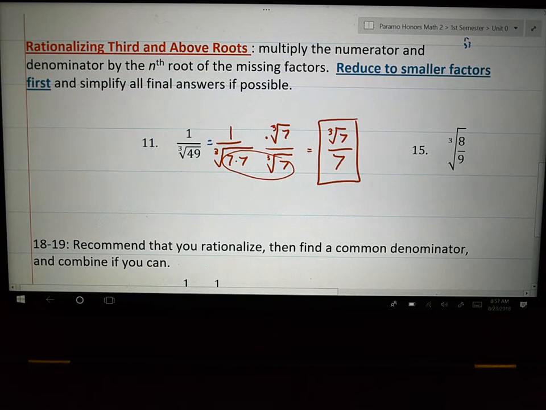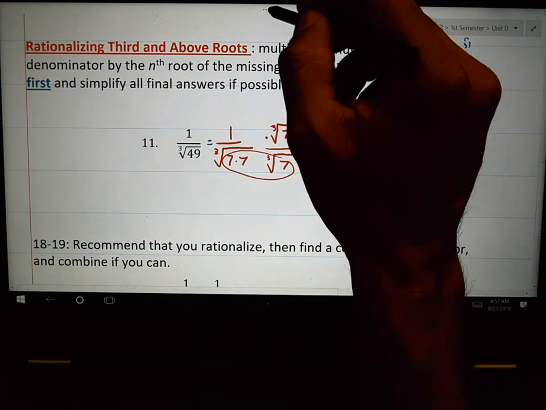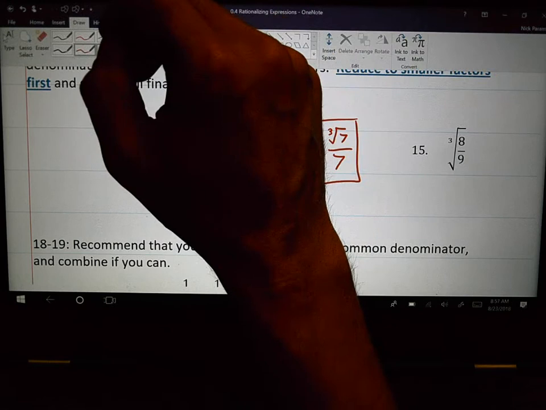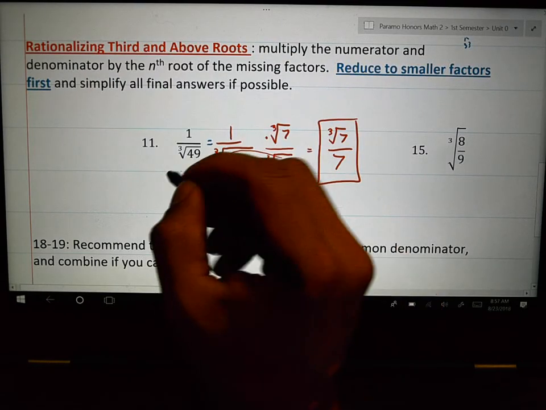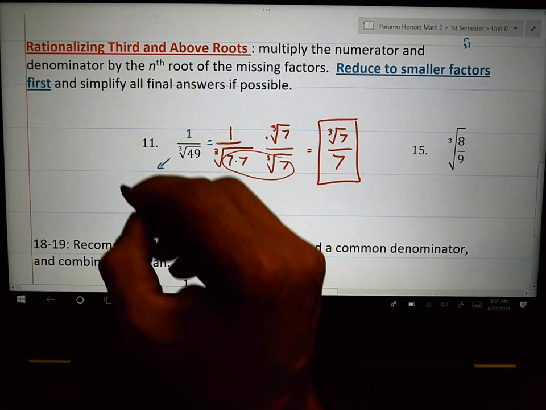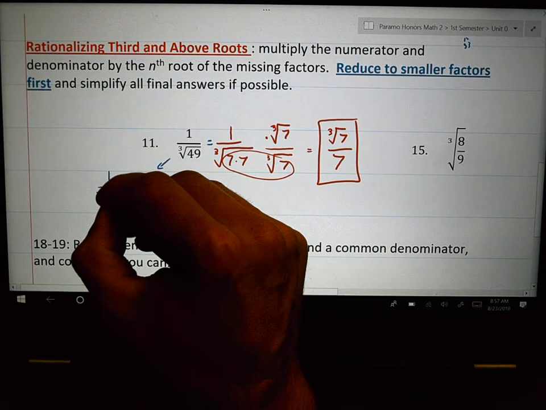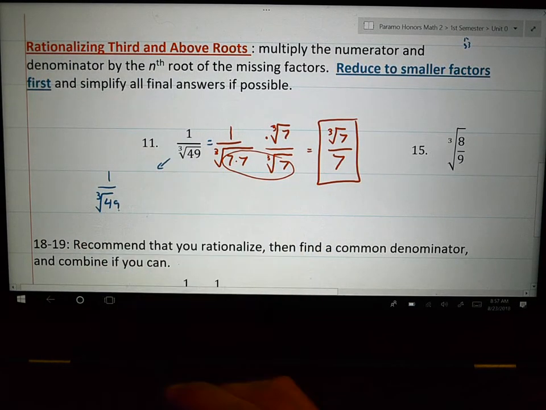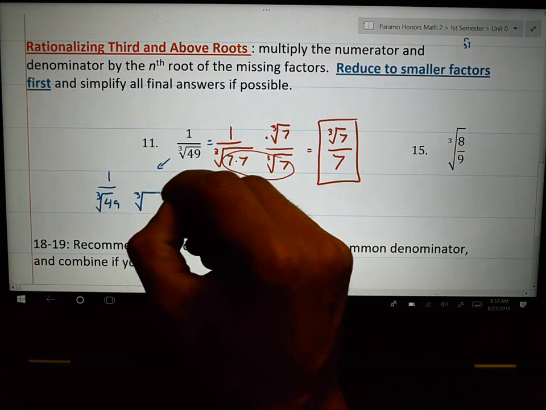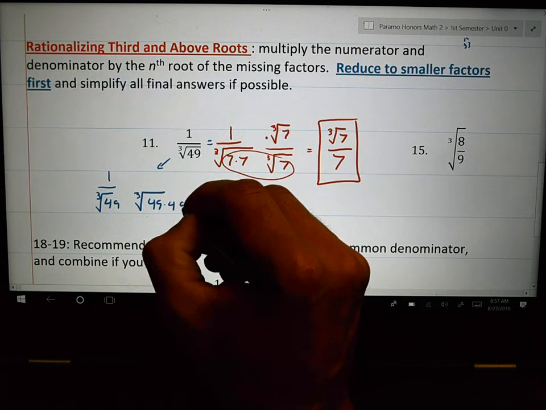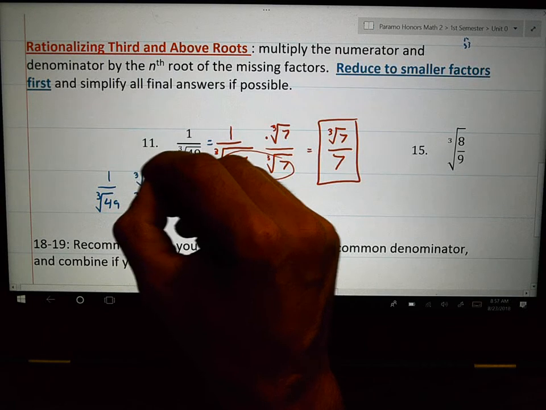I want to show you something so you can learn from mistakes of past Honors Math 2 students. There will be some Honors Math 2 students who will do this. I need 3 of these 49, so I'm going to multiply by 3 and then another 49 and another 49. Guess what? You can do that.